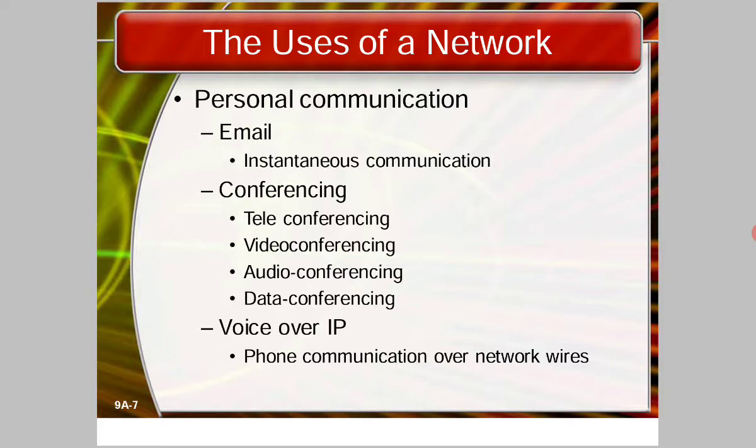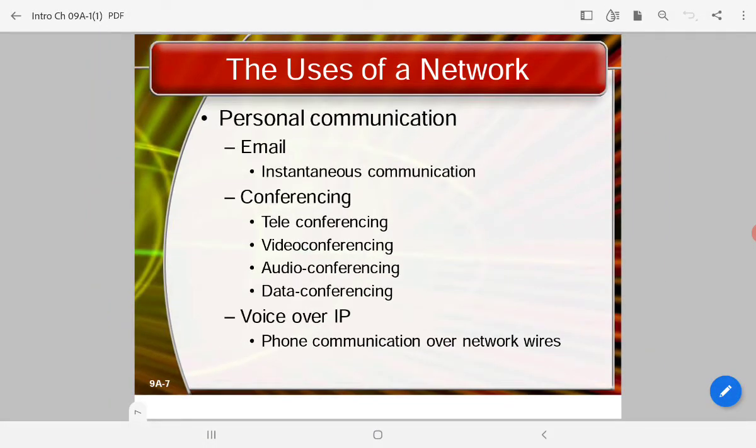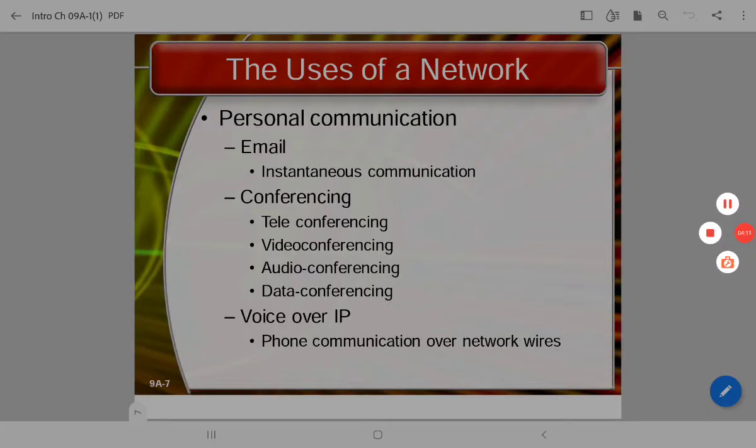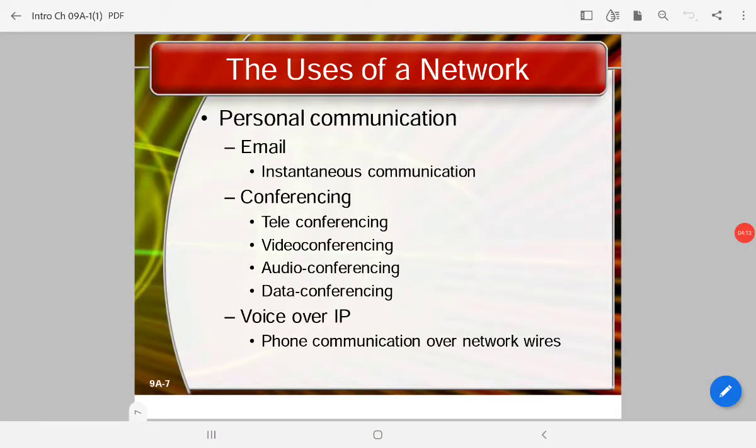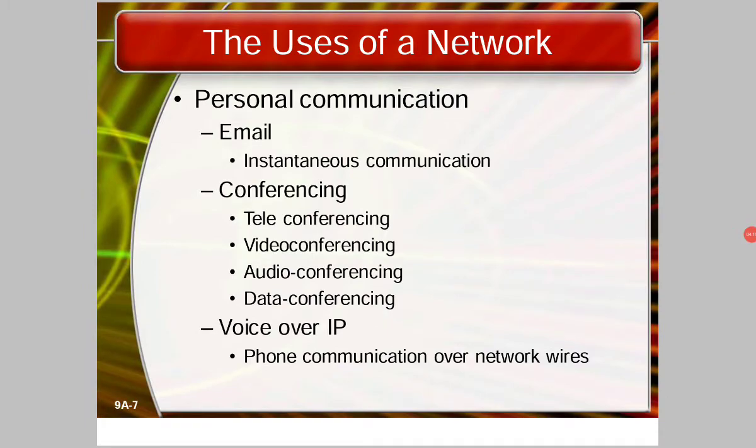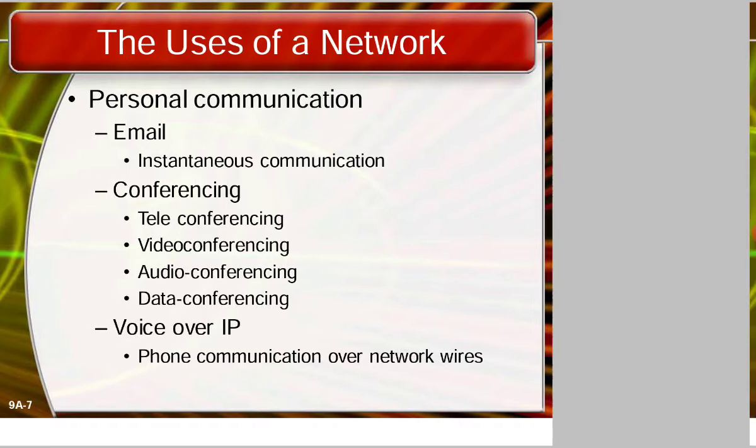So what are the main uses of a computer network? Networks are mainly used to send email, for instantaneous communication, conferencing, teleconferencing, video conferencing, audio video conferencing, data conferencing, voice over IP or VoIP, and phone communication over network lines.